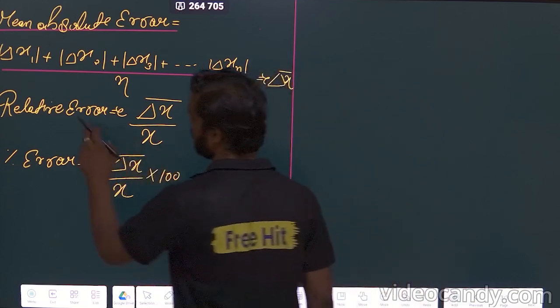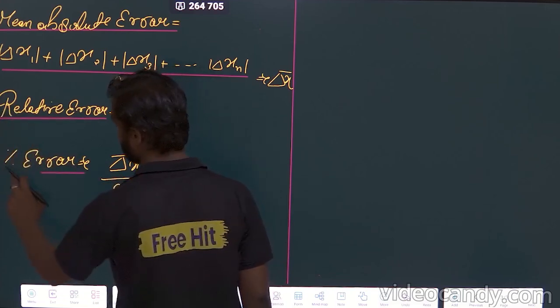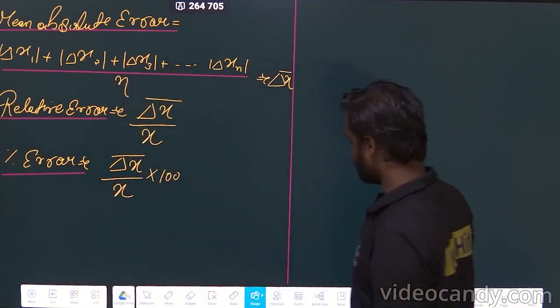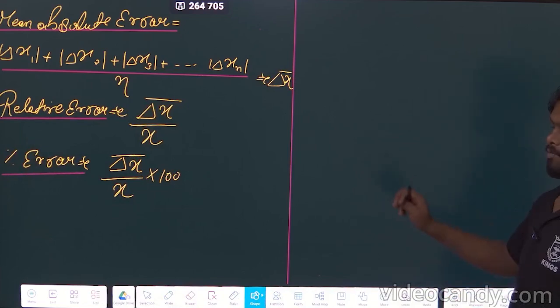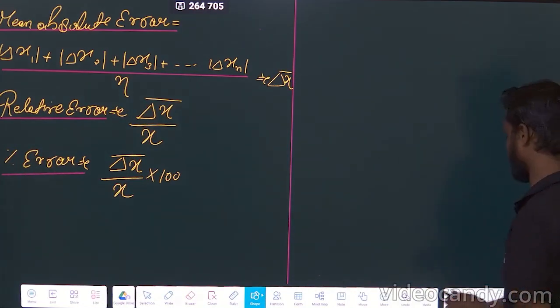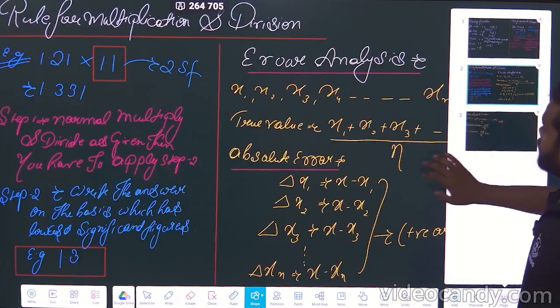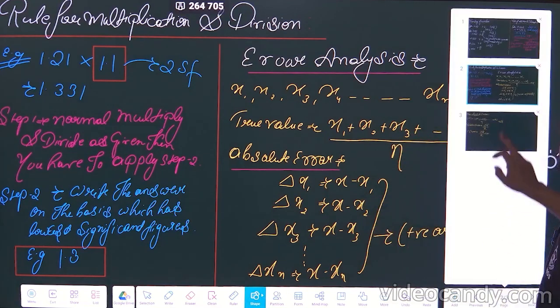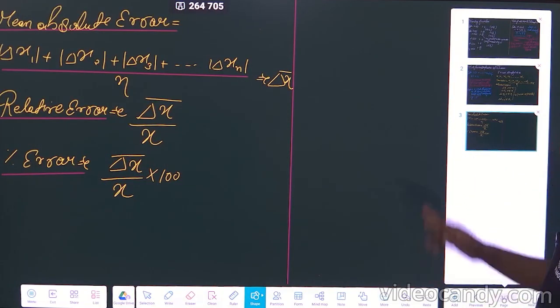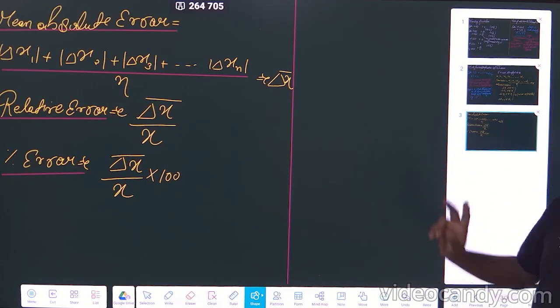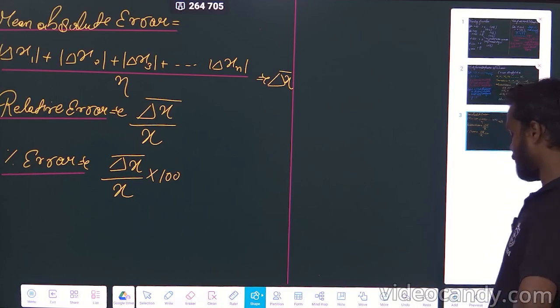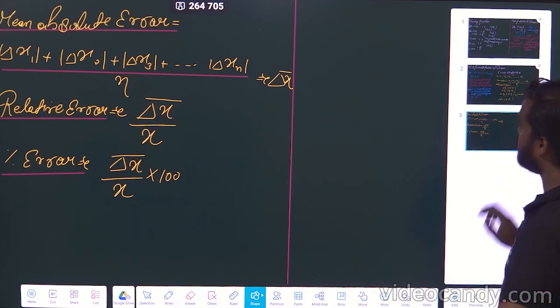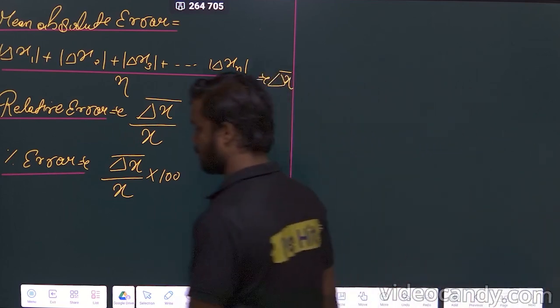A direct JEE Advanced question has come on these steps only, and a NEET question also has come directly on these formulas. So remember the steps: first calculate the true value, then the absolute error, then the mean absolute error, then the relative error, and from there the percentage error. Clear? So let us take one example, then it will be more clear.